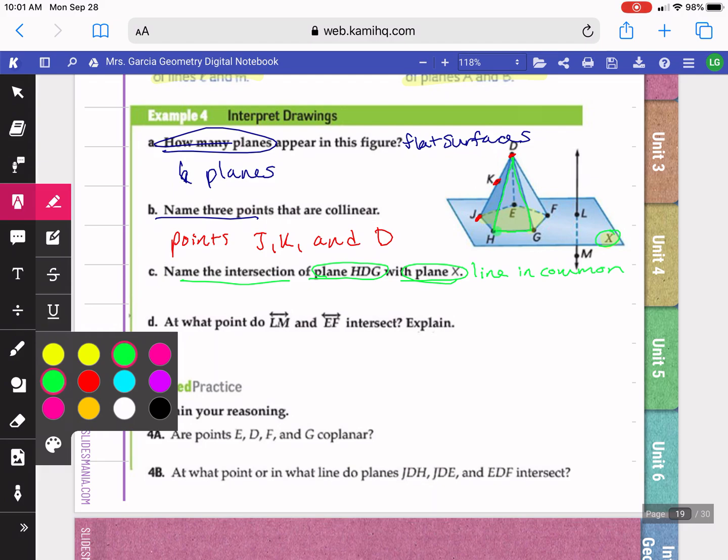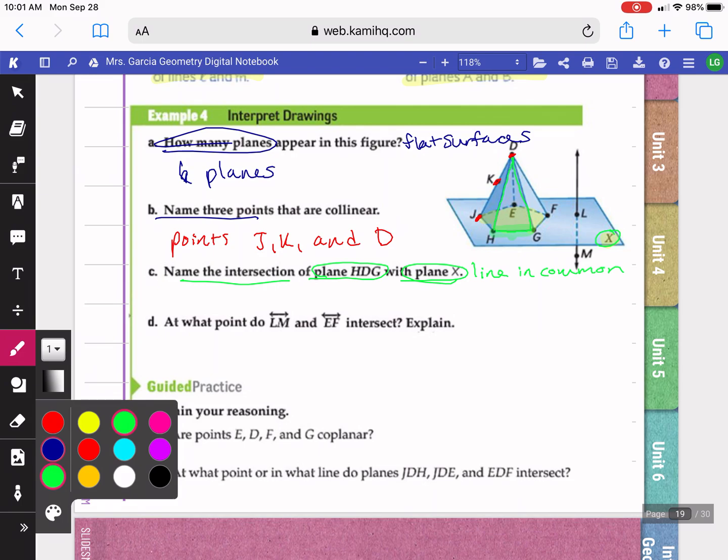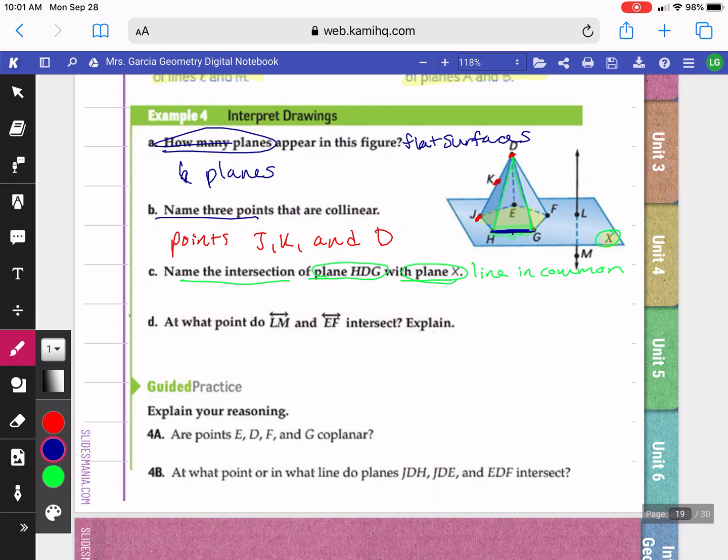So it's actually going to be HG, because if you look at HG, HG is going to cross through plane X, but it's also the bottom of plane HDG. So this would be line HG. Remember, planes intersect at a line.